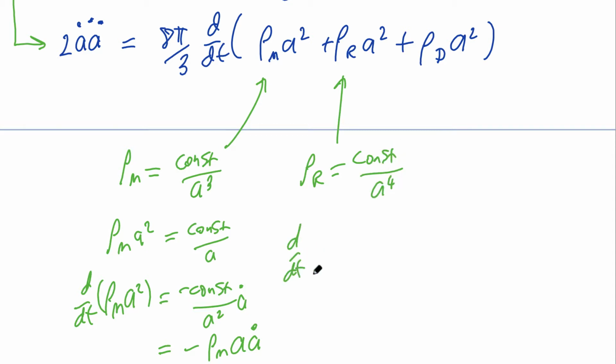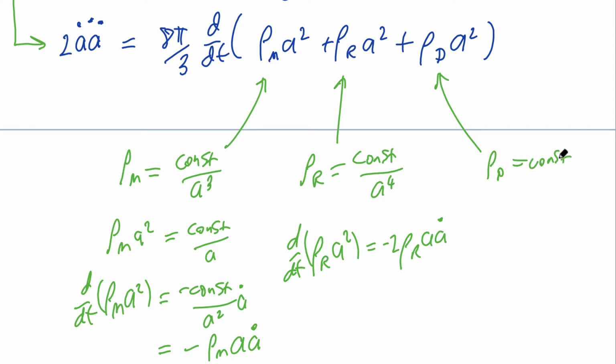So when we differentiate rho r times a squared, we obtain minus 2 rho r times a dot. And finally, rho d is just a constant. So the derivative of rho d times a squared is just equal to 2 rho d times a dot.